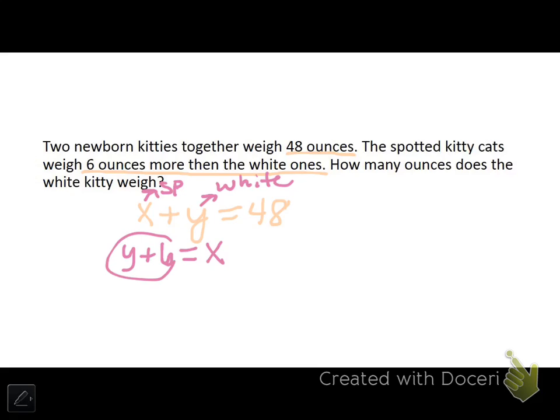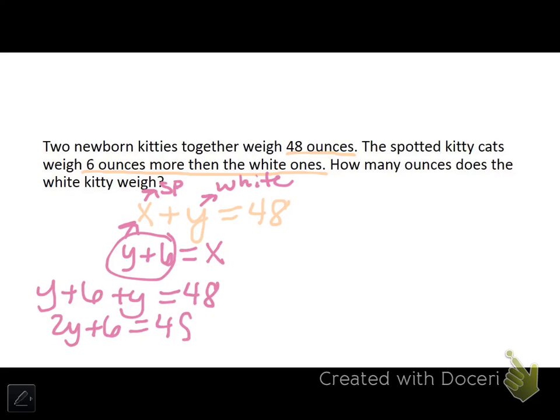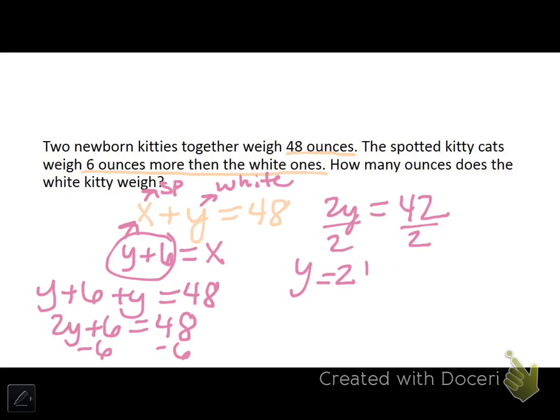So let's go ahead and plug this in for x. So we're going to get y plus 6 plus y is equal to 48. So 2y plus 6 is equal to 48 because I combined my like terms. Subtract 6. 2y is equal to 42. Divide both sides by 2. y is equal to 21.